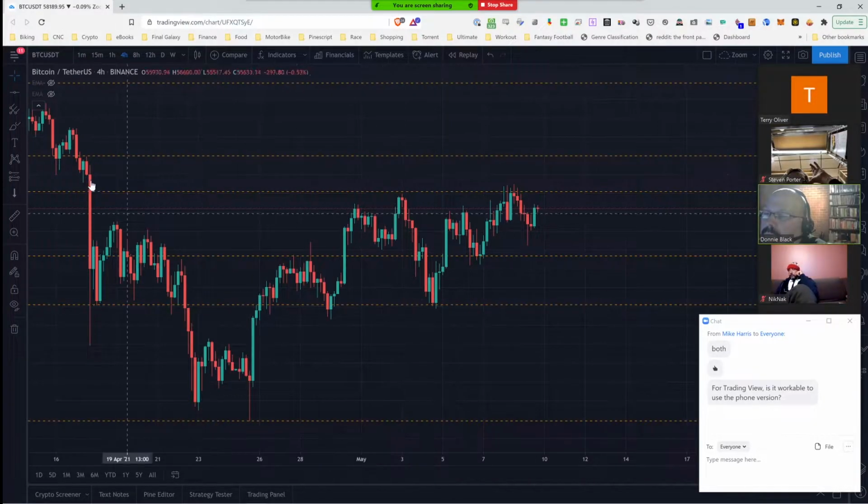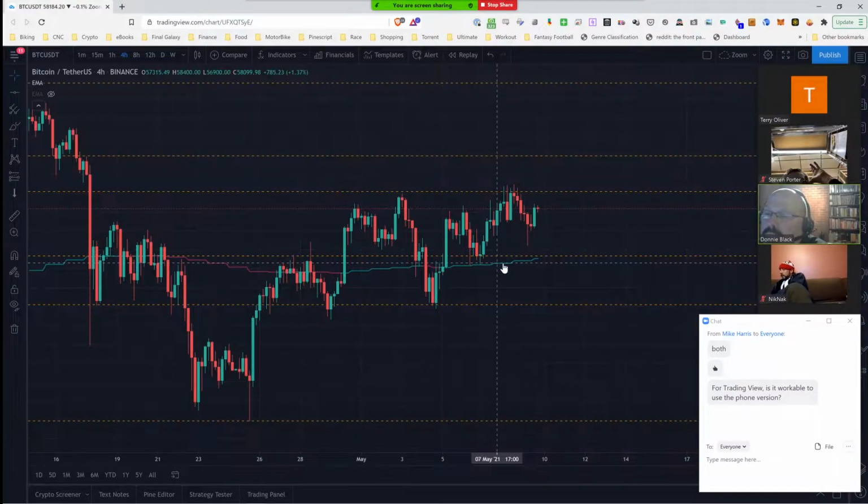So going all the way back to the beginning, we have our trend identification, the 50-day EMA. We're above it, so we're bullish. That means we want to make long trades. And then we want to buy at support, and that would be right here, which is also really cool.